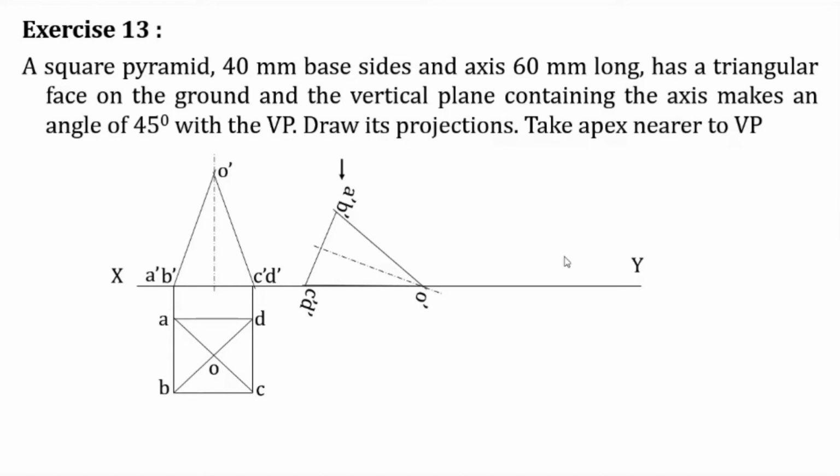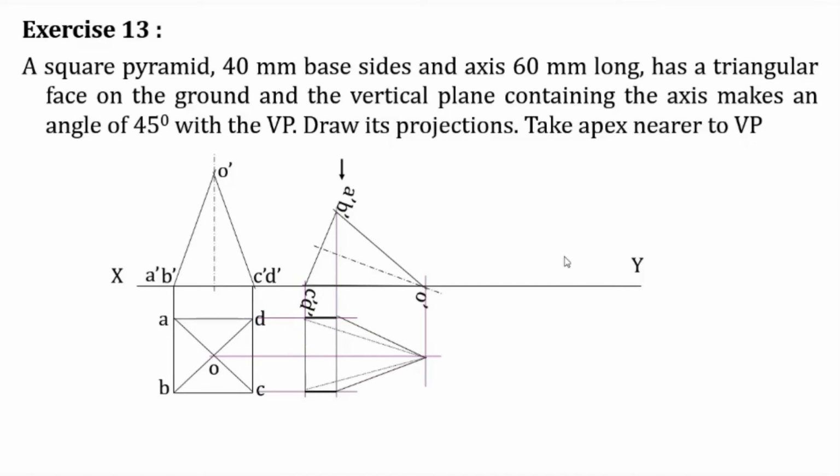Now from the front view, in the next top view, it is as simple as drawing any other top view. The only thing is, in this case, two edges will be invisible.